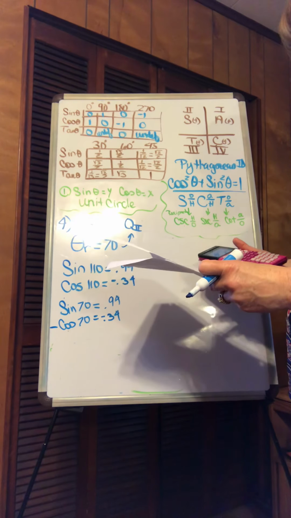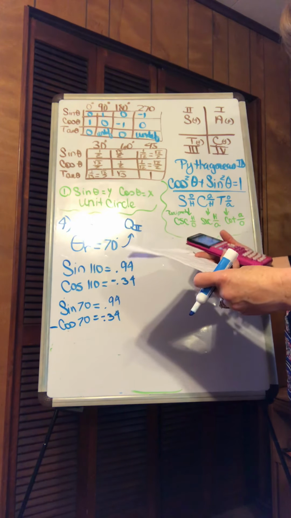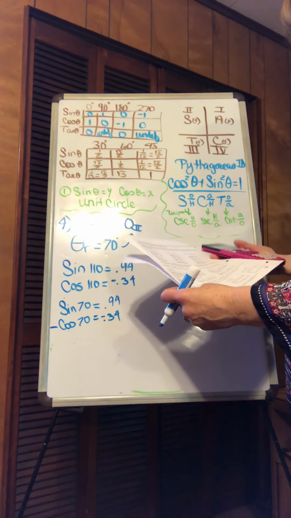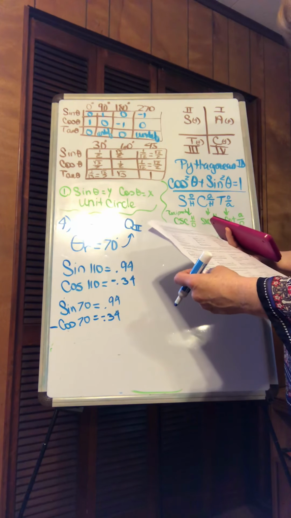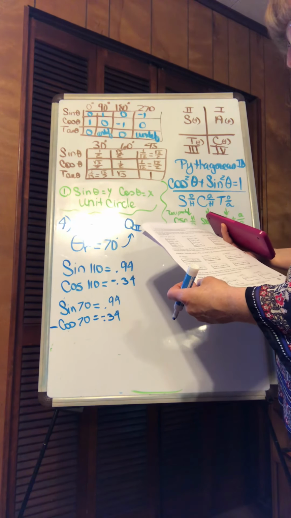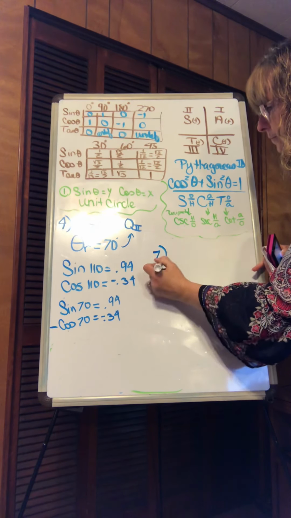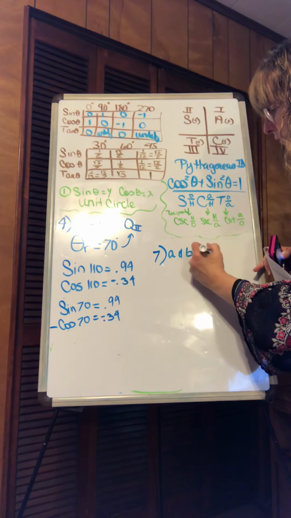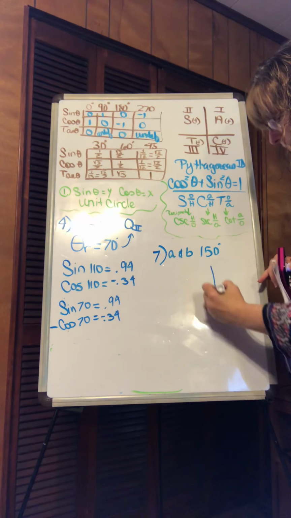And if we now want the exact form of these angles on number 7, these are all about the reference angle and where I land. So if I take number 7, part A and part B, it's all about 150 degrees. 150 degrees, quadrant 2.